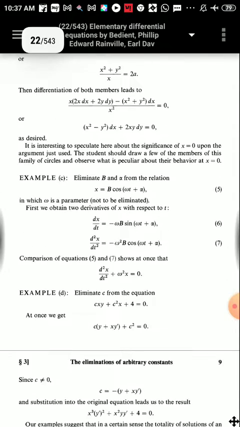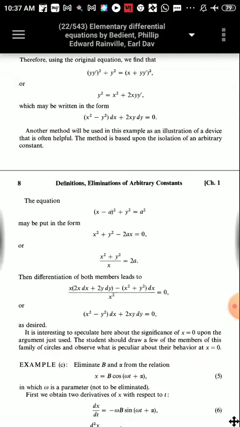The equation (x minus a) square plus y square equal to a square may be put in the form of, just simplify this bracket square, we get x square plus y square minus 2ax equal to 0, or what we have is (x square plus y square) upon x is equal to 2a.